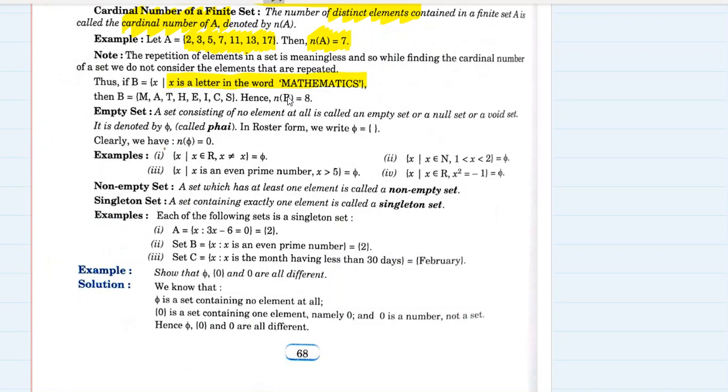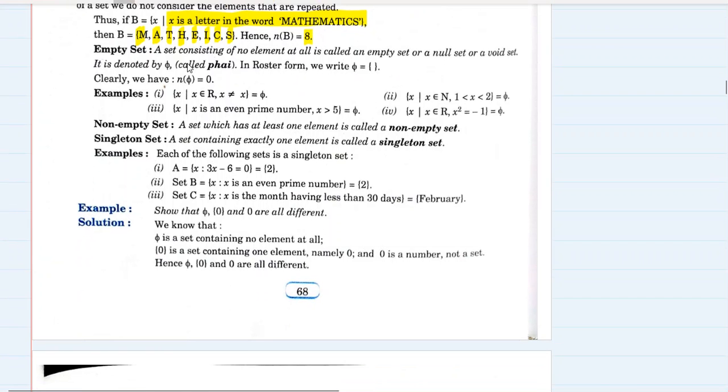Now if you write the letters of the word mathematics in roster form, you will understand that there are many letters which are repeating themselves, and you are not allowed to repeat any element in a set. So you will write M once, A once, T once, H once, E, I, C and S. Only 8 letters are distinct. That means the cardinal number of set B is 8.